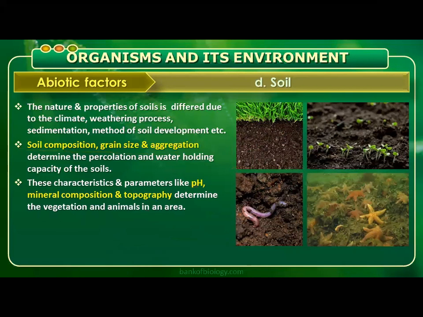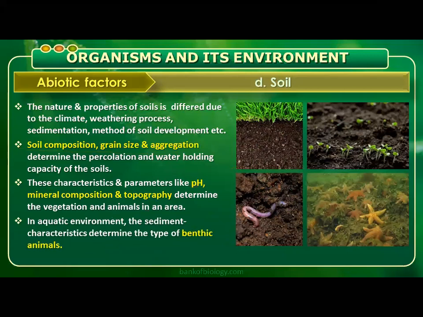Parameters like pH, mineral composition, and topography determine the vegetation and animals in an area. In an aquatic environment, the sediment characteristics determine the type of benthic animal.